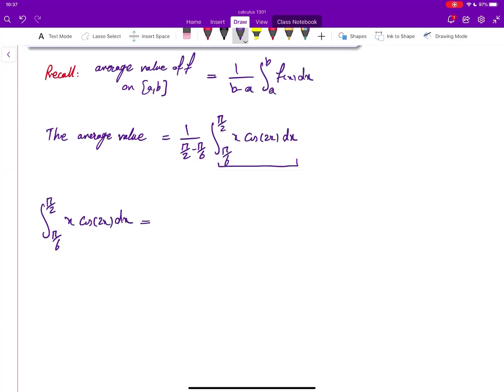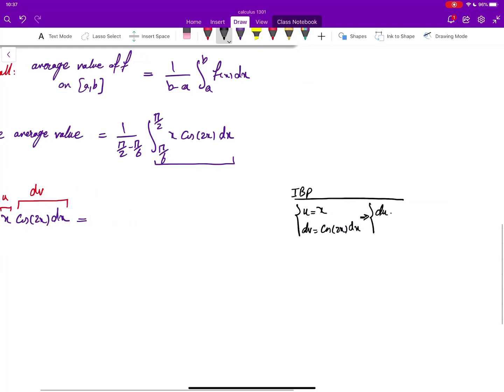And this is a polynomial times cosine mx. Remember, in those cases we take u to be x, the rest to be dv. So let me just write our integration by parts preparation steps here. So u is x, dv is cosine 2x dx. From there you see that du is just dx, and v is the integral of cosine 2x dx, which is half of sine of 2x.